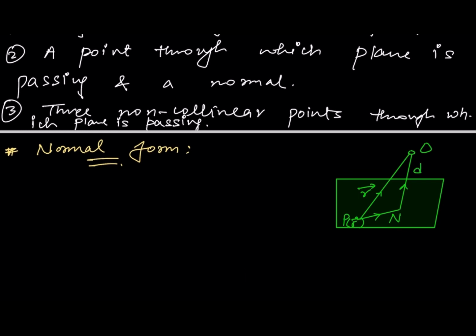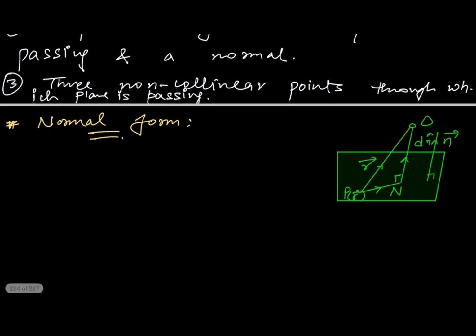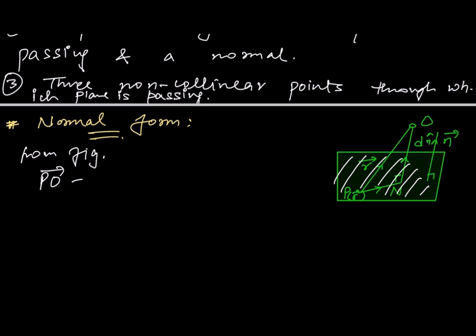So NO vector becomes d n cap if n vector is a vector perpendicular to the plane and parallel to NO vector, right? Now we have to find the equation of this plane. From the figure we can say PO vector is equal to PN vector plus NO vector, okay?